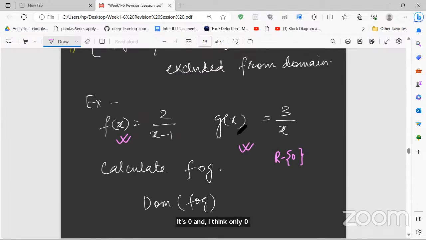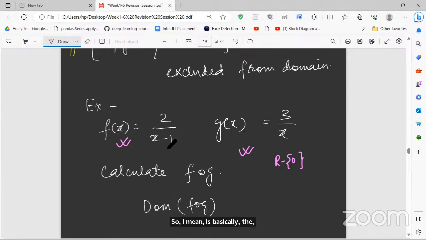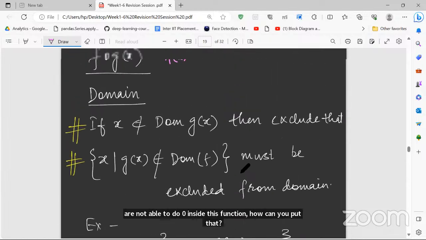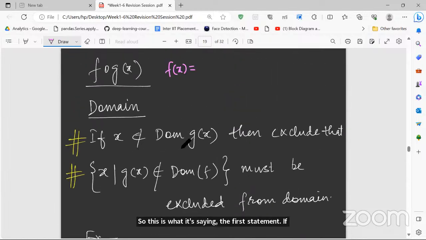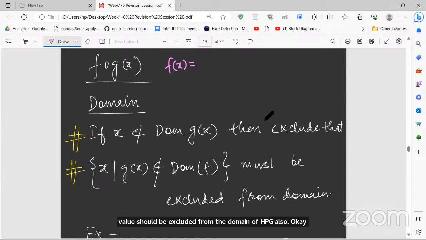The first statement says that if you are calculating f of g and you are not able to put 0 inside g, how can you put that 0 inside this function? So if x does not belong to the domain of g(x), then that value should be excluded from the domain of f of g also. Okay, the first statement is clear.